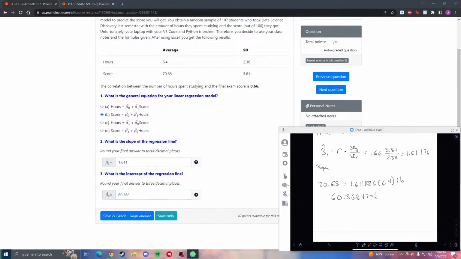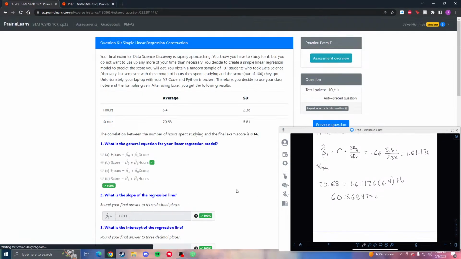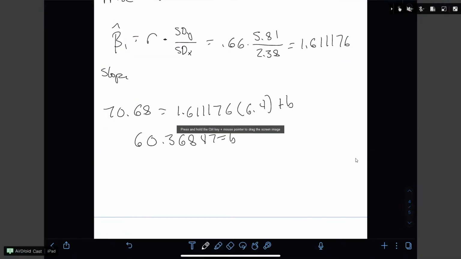Oh, sorry, the iPad was not showing because it wasn't pinned. It should be pinned now. So I'll go over that real quickly again. The first step was calculating what our beta 1 was. So it's R times SDY over SDX.